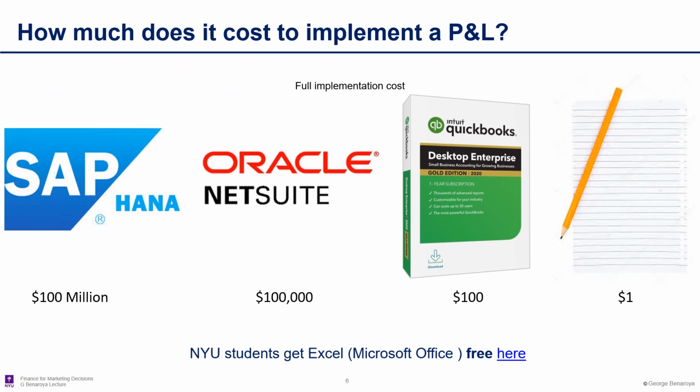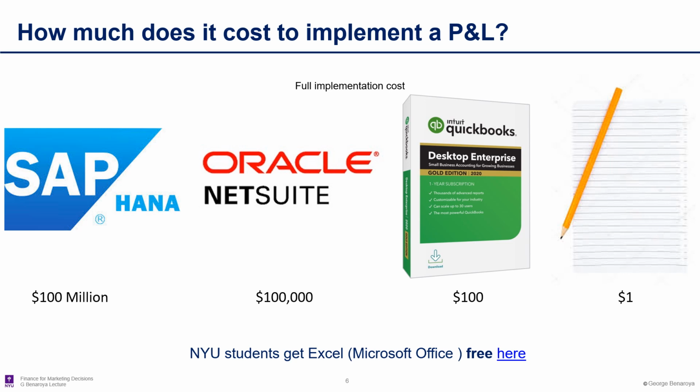How much does it cost to implement a P&L? I work at global companies doing business in 180 countries. We use SAP. The full implementation cost was $100 million. A mid-sized company can use Oracle's NetSuite for $100,000.